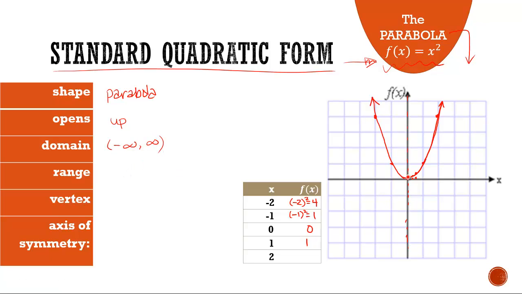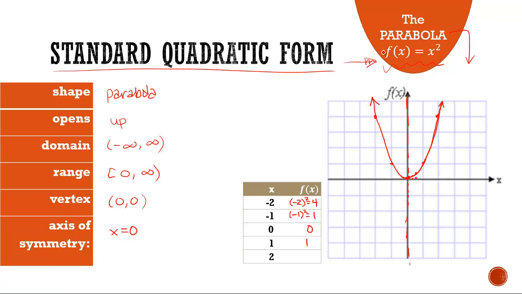The range is everything from 0 to infinity. The vertex is at 0, 0. And the axis of symmetry is defined by x being equal to 0. That's this axis of symmetry here.